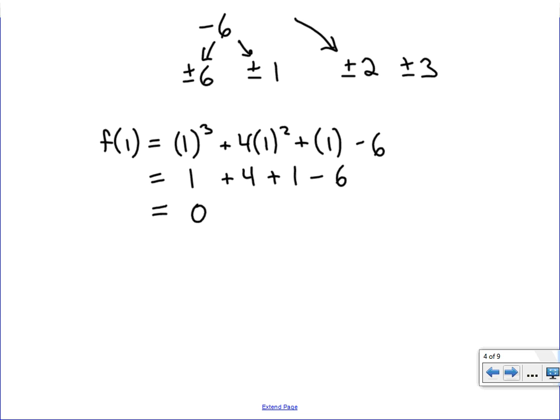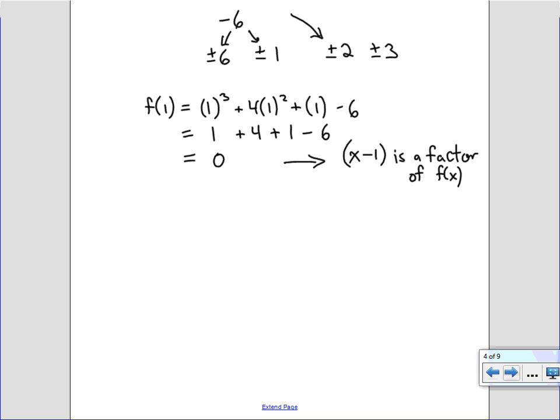If it did not equal 0, we pick our next one, maybe negative 1. If negative 1 didn't equal 0, we would systematically continue to try until we find this very first factor. This is the important aspect of the factor theorem. So what we can conclude from this is that x minus 1 is a factor of my original polynomial function.